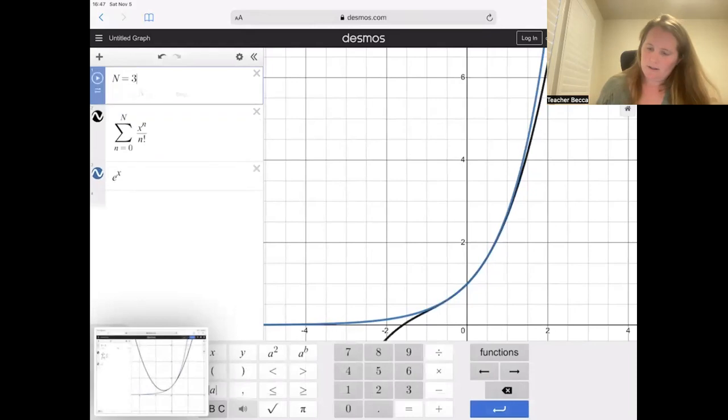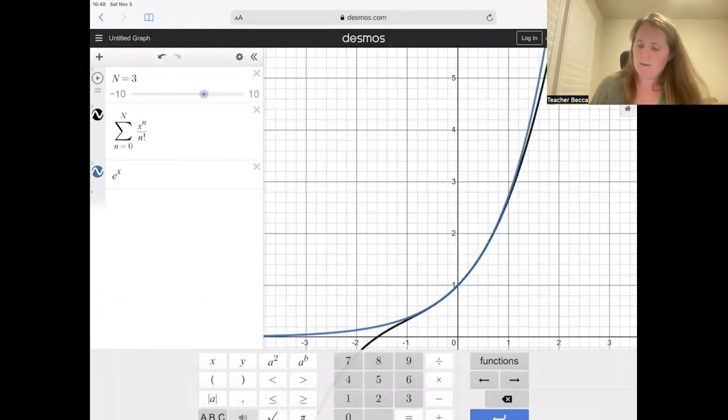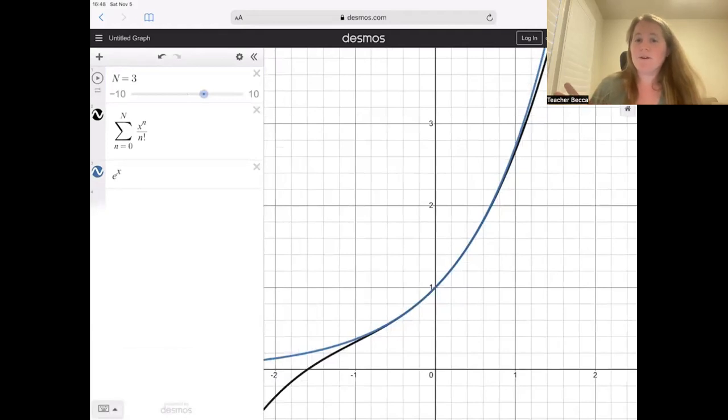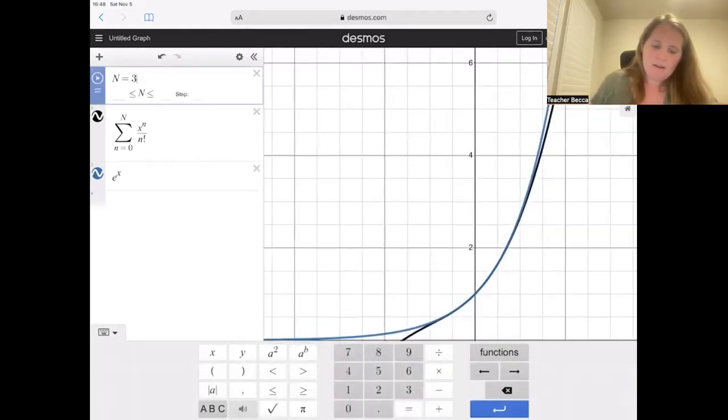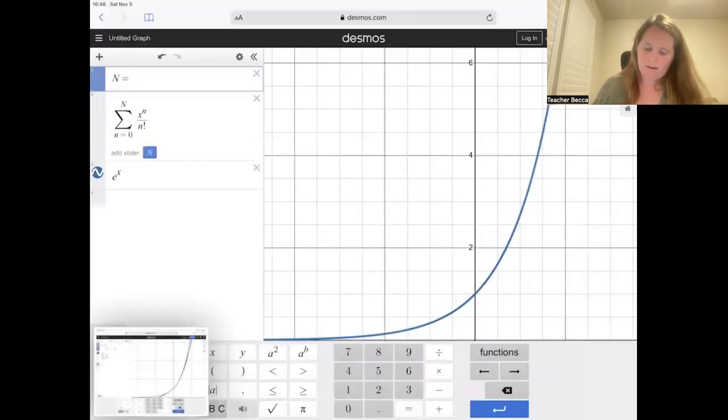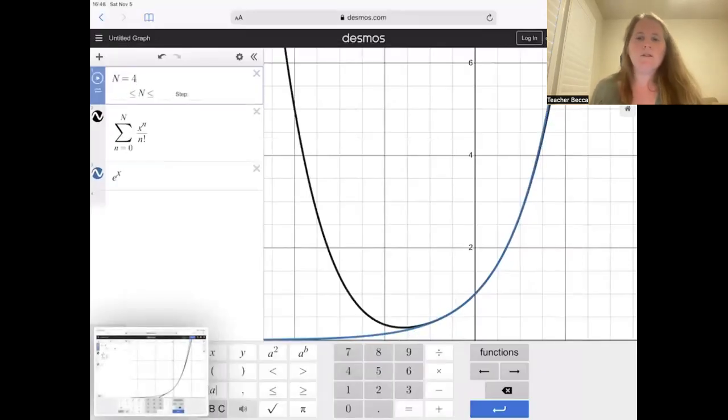Now let's change this to cubic. So here, it extends a little further where the cubic function looks very similar to e to the x. Then we can make that the degree 4 polynomial.